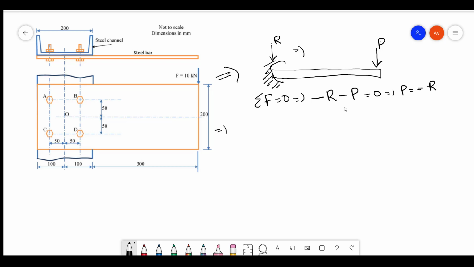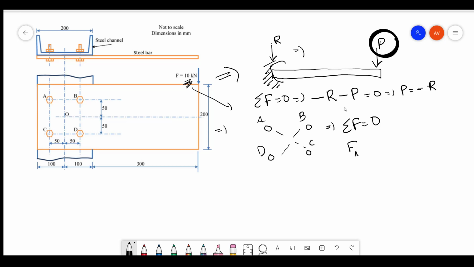Same way, you have four bolts which are identical. It's given as identical, right? So these four bolts have to take care of this particular force which is given as 10 kilonewton. So you can equate net force is equal to 0. Now let's name them A, B, C, D. That means your FA plus FB plus FC plus FD is balancing the force here.